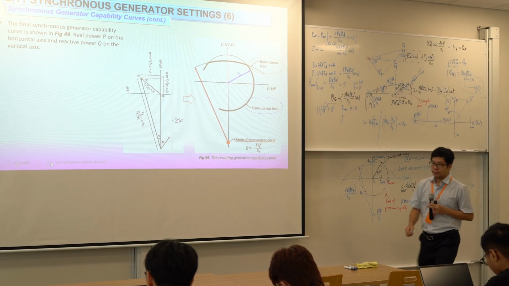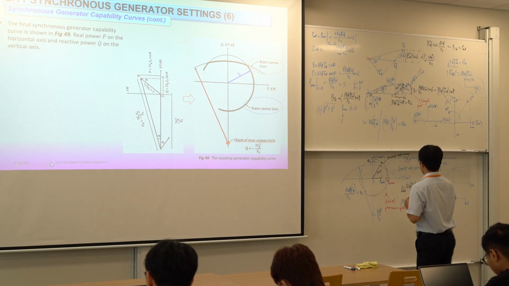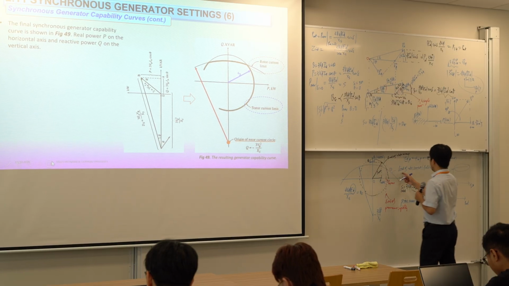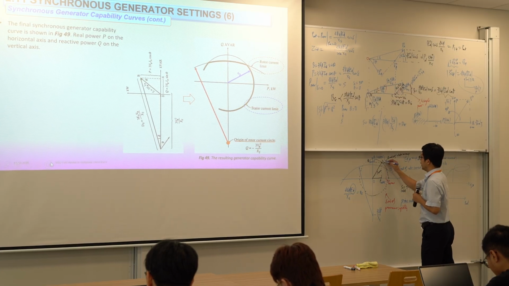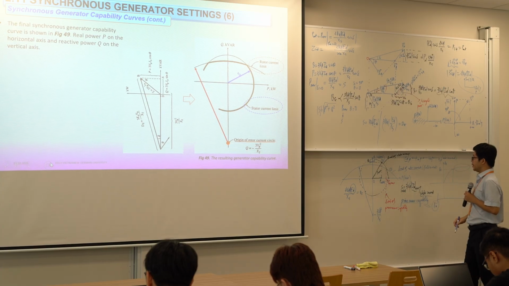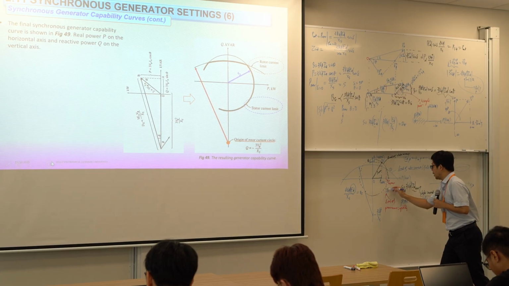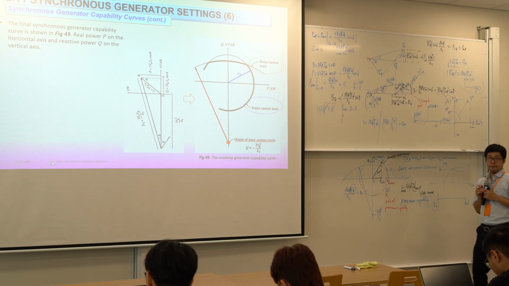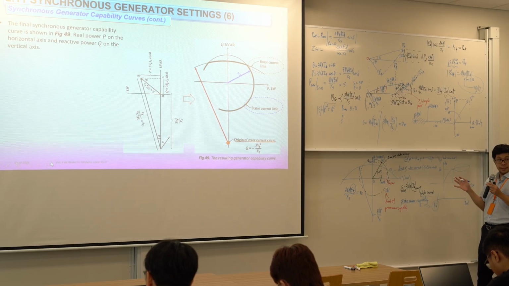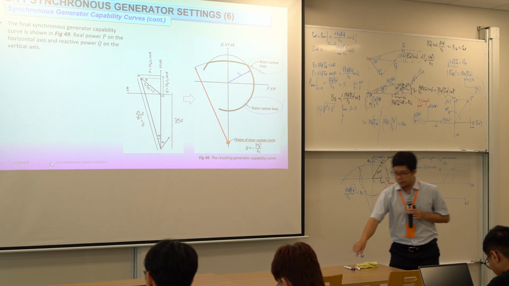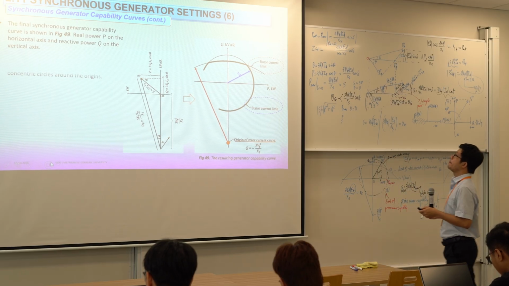Okay, so now we have three curves, right? The curve of the limit of rotor current, the curve of the limit of stator current, and the curve of the limit of prime mover. If we combine the three curves together, you can get this one.